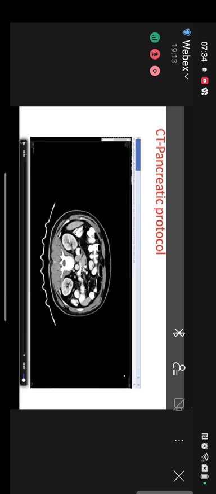Sir, there is an ill-defined hypoechoic lesion in the head of the pancreas with dilated IHBRD, sir. There are no liver lesions, and the veins appear to be normal. There is no involvement of the portal vein or SMV.